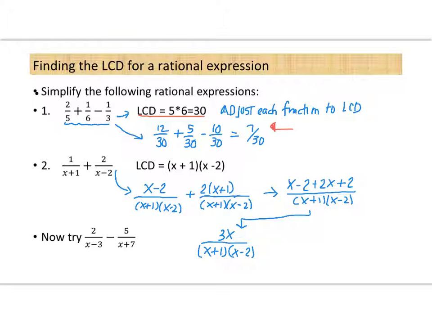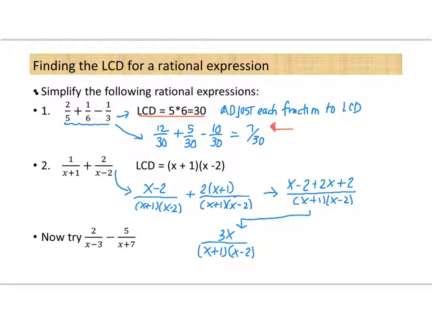The second expression now has variables in it, and so now I must have a different approach to the least common denominator. Here, the factors of the least common denominator are x plus 1 and x minus 2. Here again, I have to adjust each fraction to the least common denominator because it is just an expression.